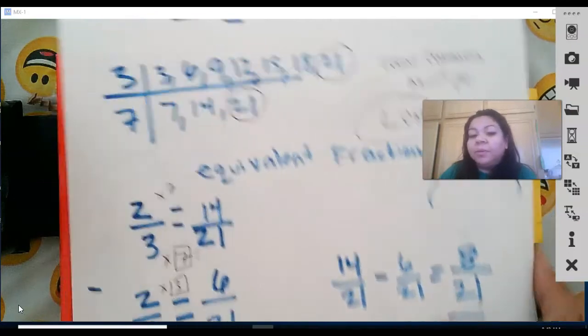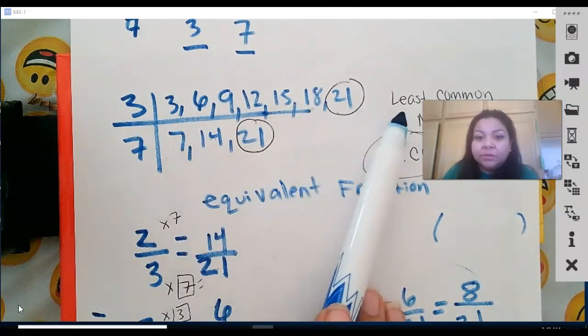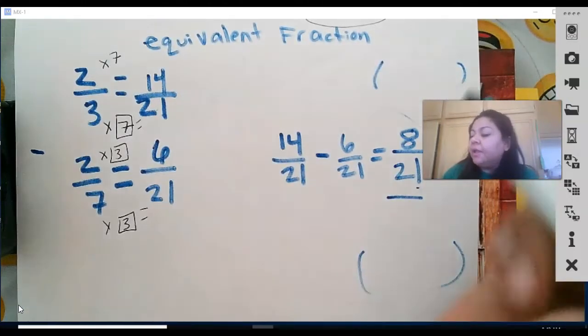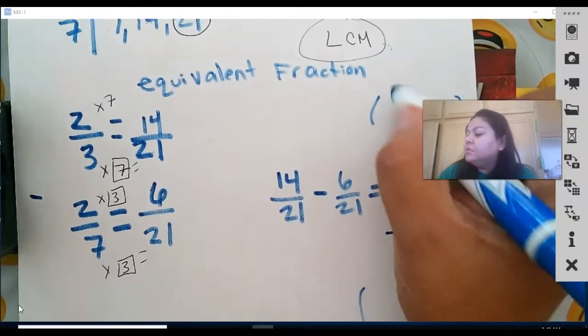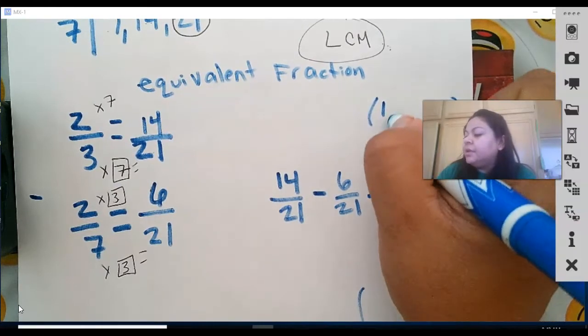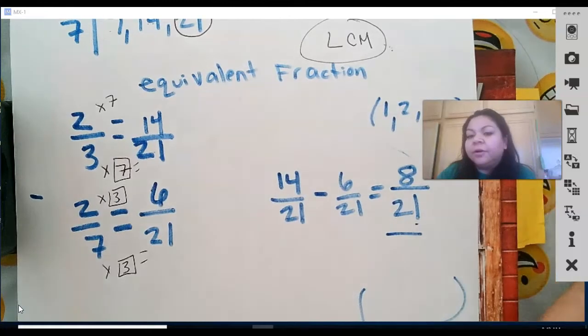Okay, so remember, when I'm finding the common multiple, I'm writing the multiples of 3 and 7. When I want to simplify, I write the factors. What are the factors? What two numbers can I multiply to get 8? So my factors of 8 are 1 and 8, right? Because 1 times any number is itself. And then I know that 2 times 4 equals 8. So 2 and 4 are factors.